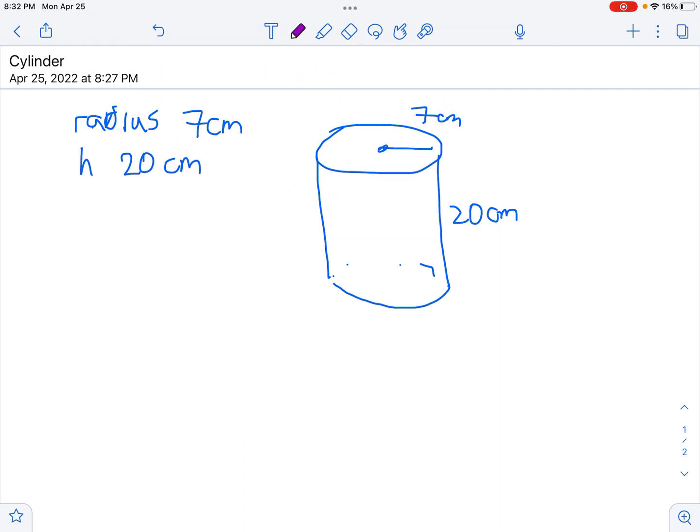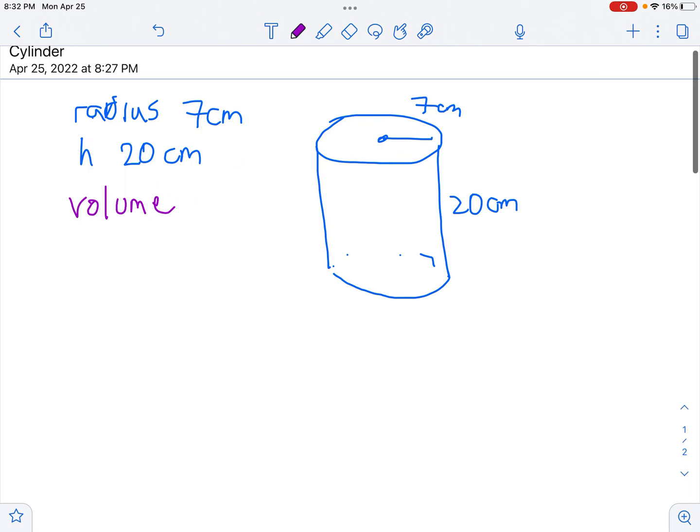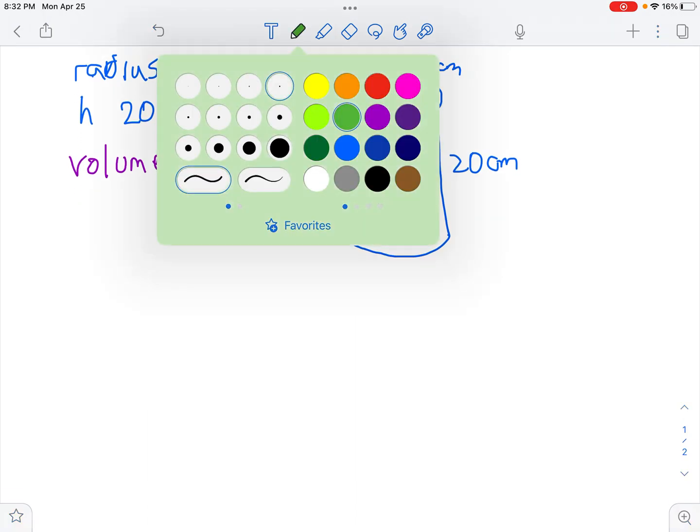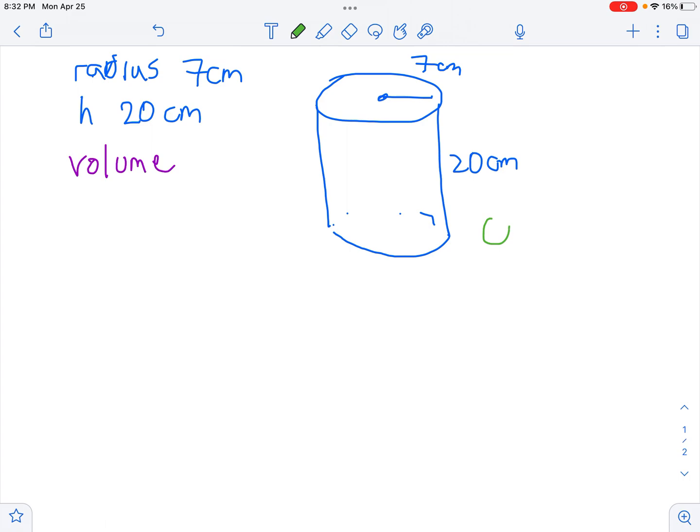So we're doing volume. I'll do that in purple. I'll put the area of the circle here in green so we know. So circle area. And remember, we're going to use area of a circle is equal to pi times the radius squared. So we're going to use pi as 3.14, and basically that's good enough for almost everything that we're going to need.